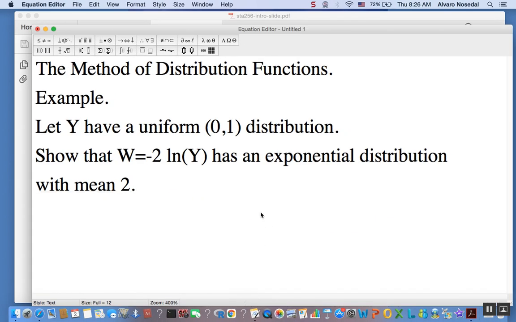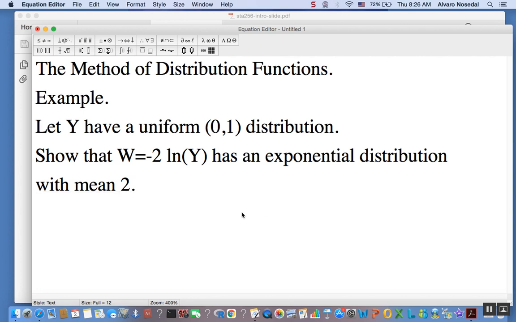So, that is the problem that we're going to be tackling today. We have a uniform distribution, that's our original random variable, y, but then we transform that variable.